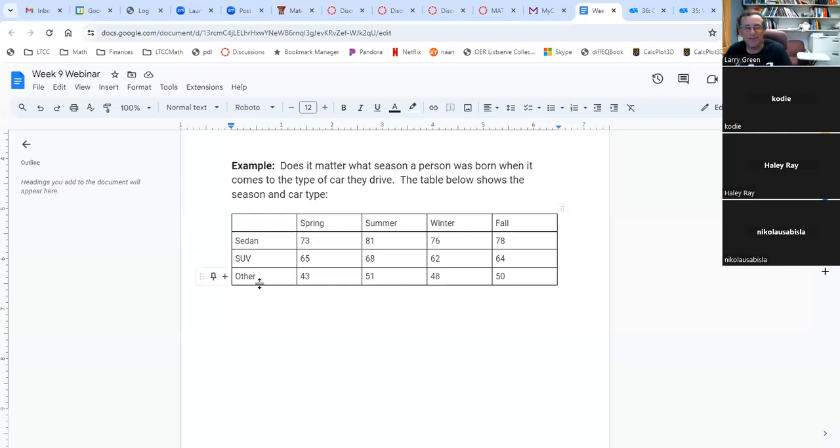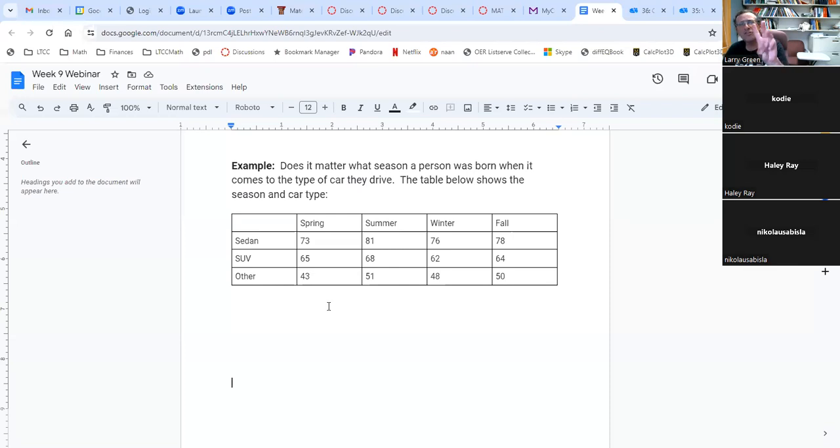Sedan, SUV, or other? That's not a yes, no question. It's not a number. You wouldn't say, oh, I drive a 14. No, your car type is an SUV. Okay, it might be something different, but any questions on that?